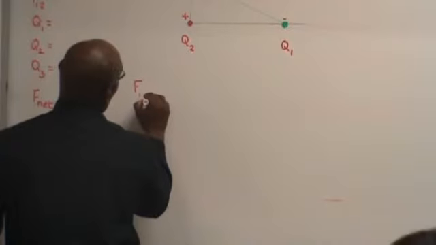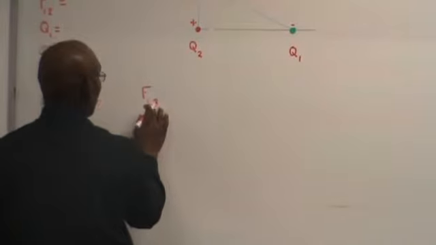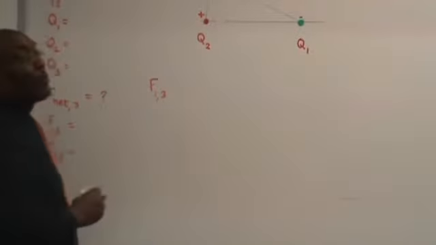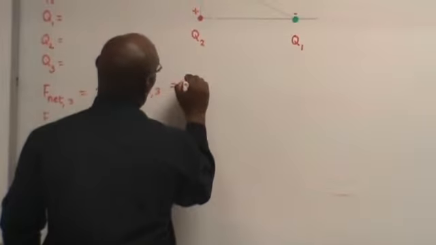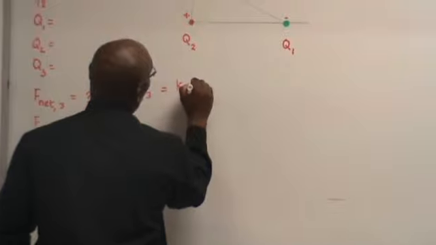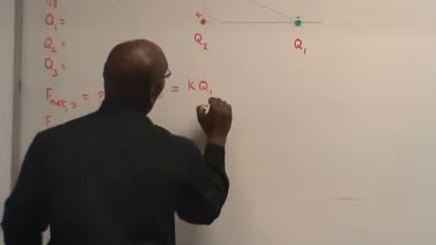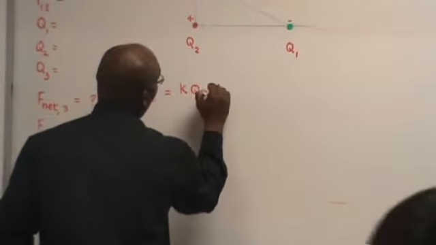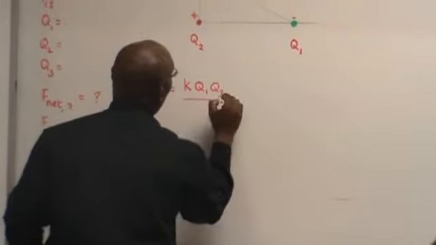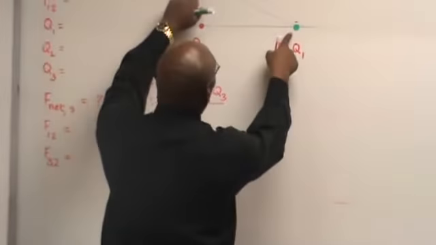So let's calculate F1 on 3. First we need to calculate F1, 3. Once again, it's k Q1 Q3 over, we need this distance, right?